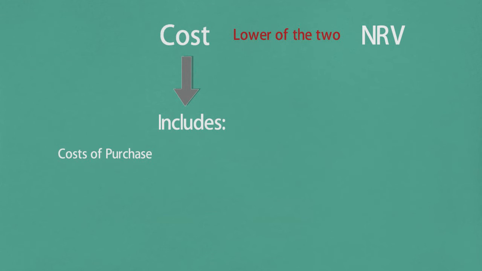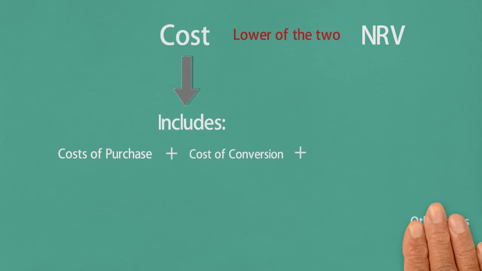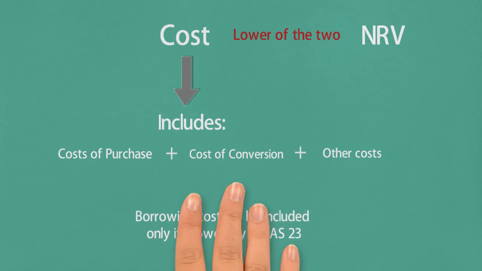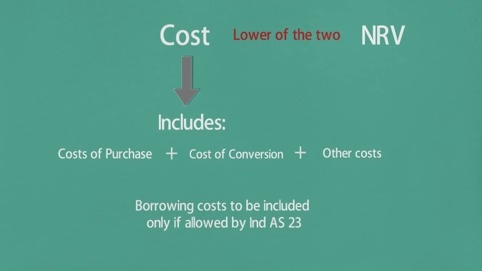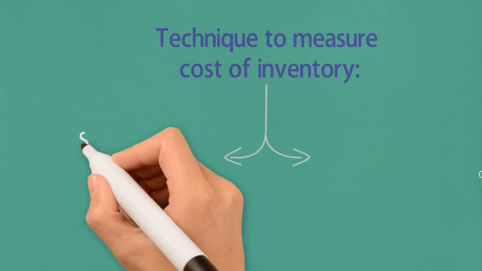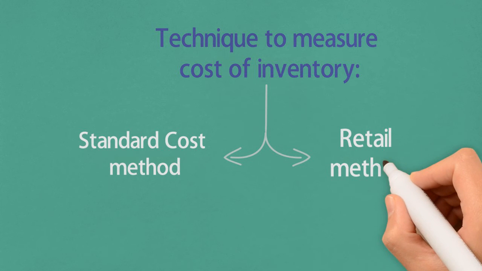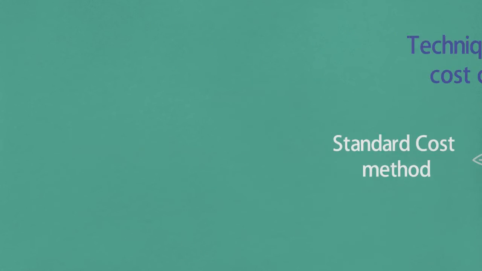Cost includes cost of purchase, cost of conversion, and other costs included in bringing the inventories to their present location and condition. Please note that borrowing costs are to be included in inventories only under circumstances prescribed under Ind AS 23 borrowing costs. Ind AS 2 prescribes standard cost method or retail method for measurement of cost of inventory.